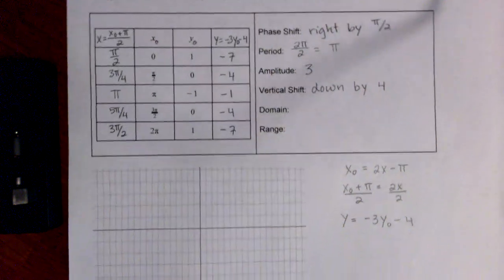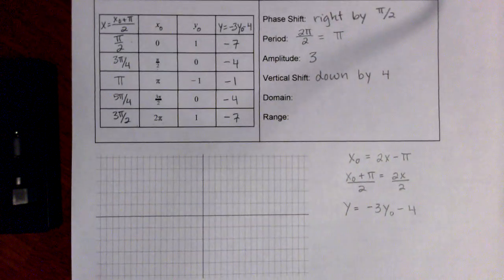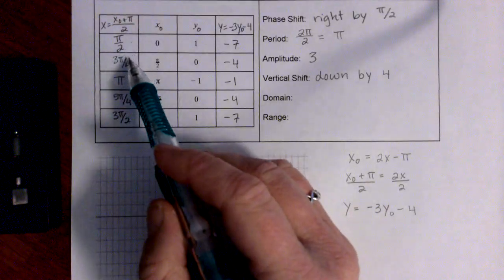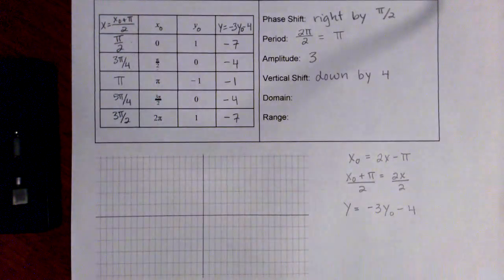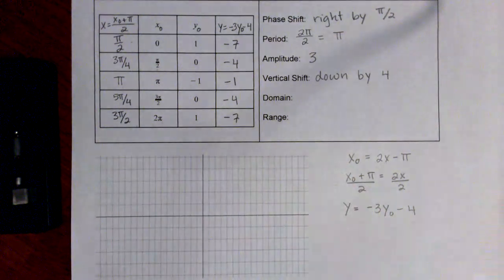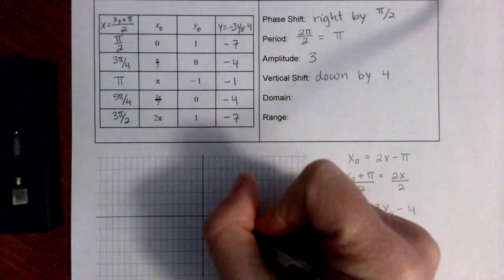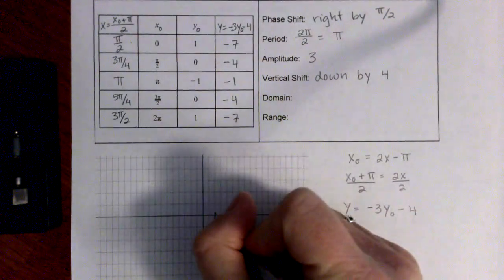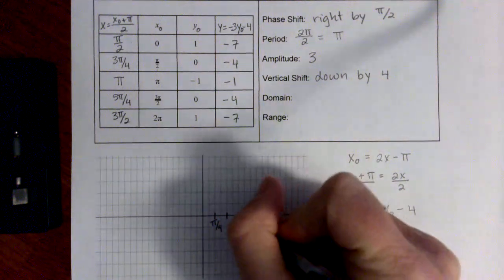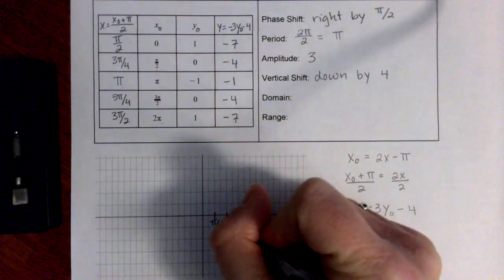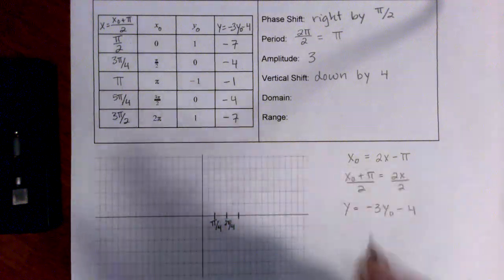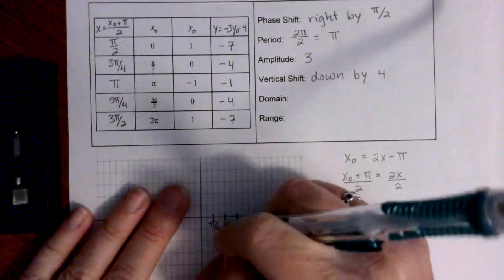So now it's time to graph. Okay, so I can see I need to go by pi over 4 units, and I need to get 2 periods in. So I'm going to make every 2 ticks pi over 4. So this is pi over 4, 2 pi over 4, which is pi over 2.